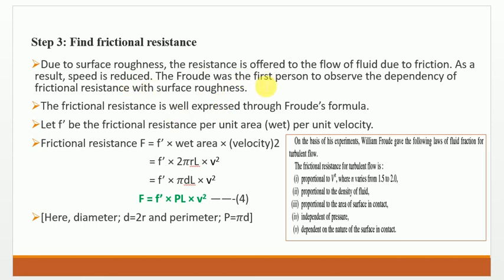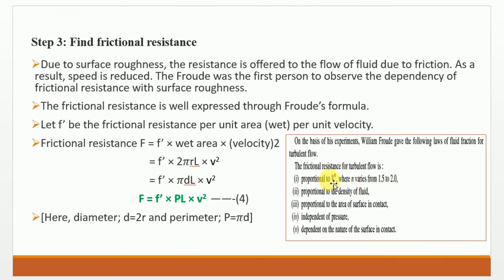Froude did an experiment and found a few statements: the frictional resistance of a turbulent flow, because we are discussing turbulent flow, is proportional to V power n, where n varies from 1.5 to 2.